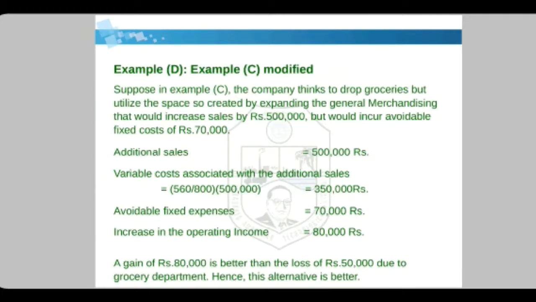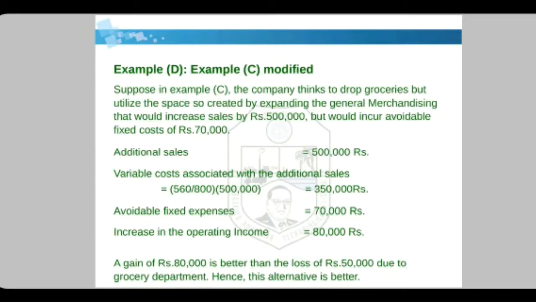That would increase sales by rupees 50 lakh, but incur an avoidable fixed cost of rupees 70,000. So their income will increase by some amount, but the avoidable cost will also increase. If they do not decide to expand the general merchandise department, then this avoidable cost will not be incurred, right?